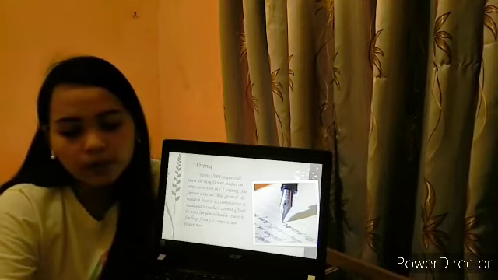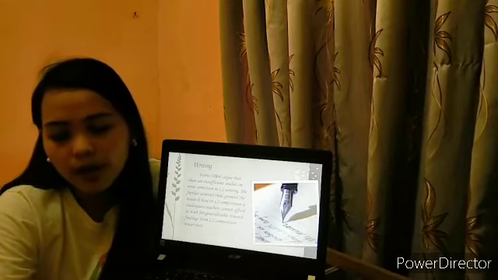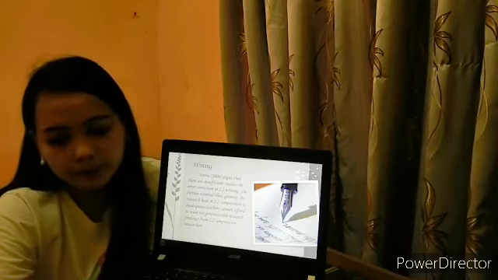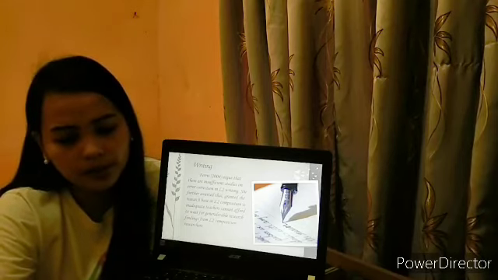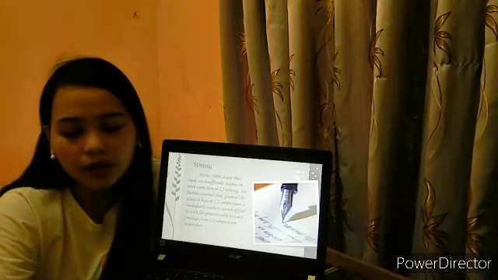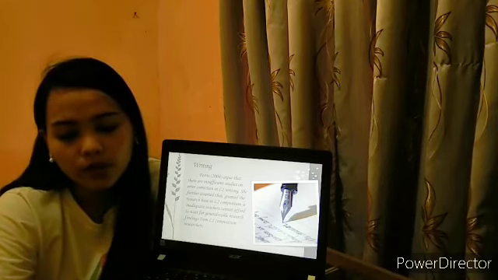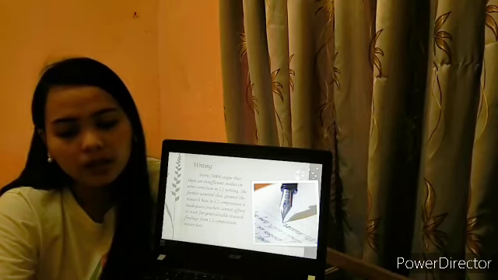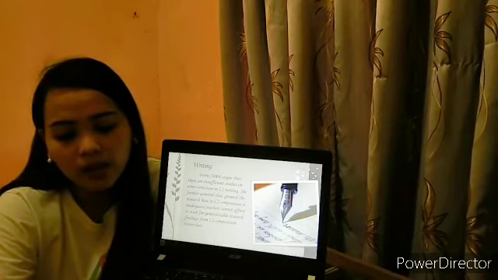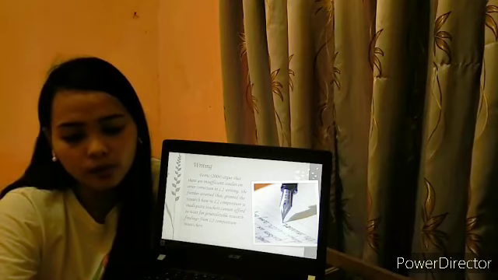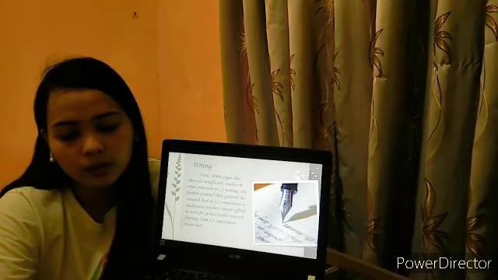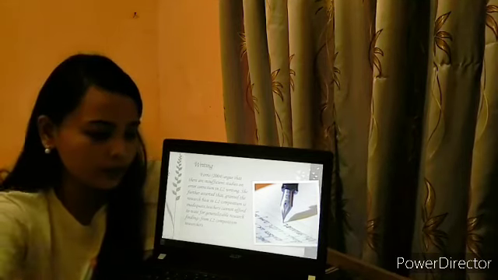So, aside from Truscott, Ferris also argued about grammar or error correction in writing. But Ferris focused on second language writing, which she believed is inadequate, and they don't have enough resources to use, and they can't afford to wait for the research findings.